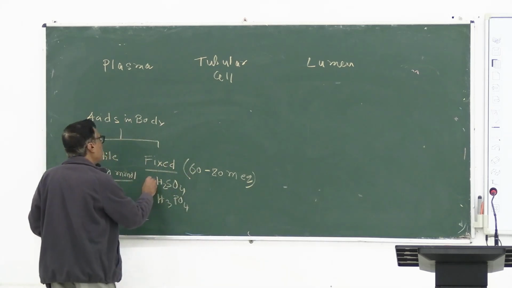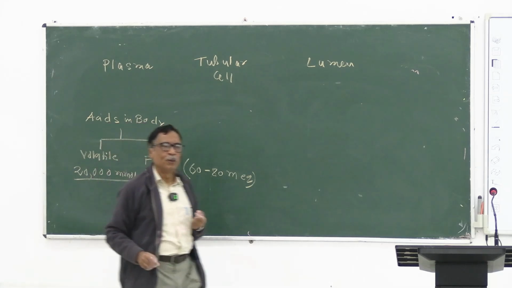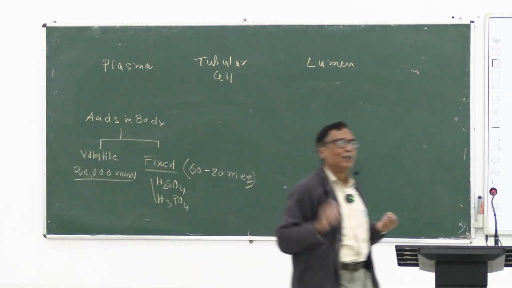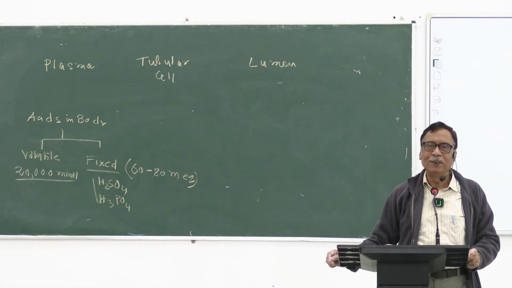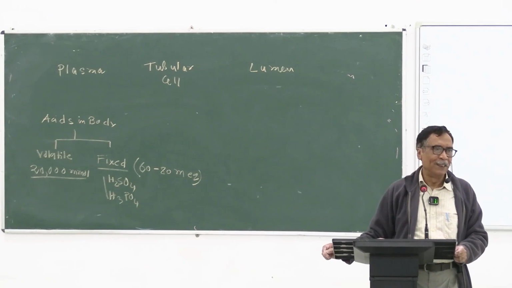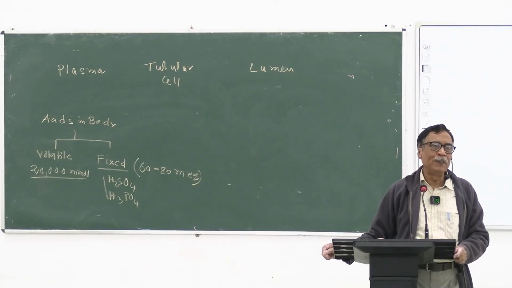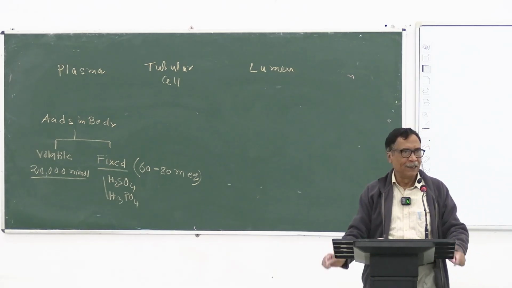Also, weak acids are produced in enormous amount. What are those weak acids? Pyruvic acid, lactic acid, citric acid, succinic acid, alpha-ketoglutarate acid, uric acid. All are weak acids present in plenty in our body, and that must be counteracted.